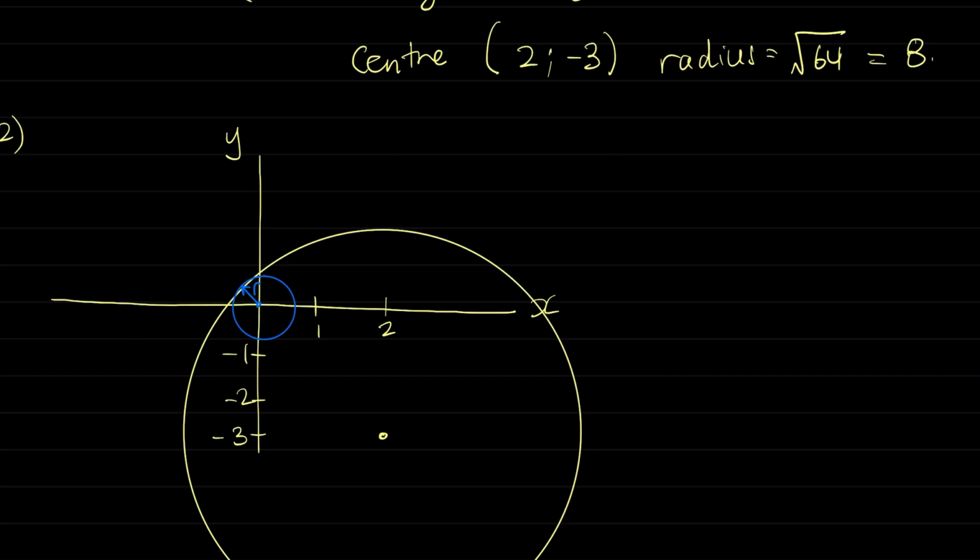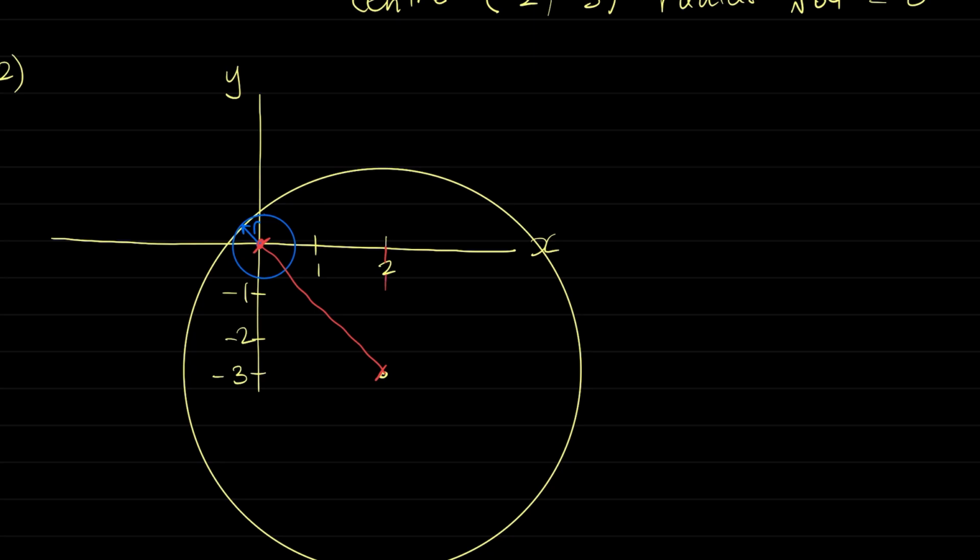Okay, so what we can do first is, since the new circle has a center at the origin, we can work out the distance from the center to this center. If we complete a triangle here, that's 90 degrees, we're just interested in the actual length: that length is 3, that length is 2.